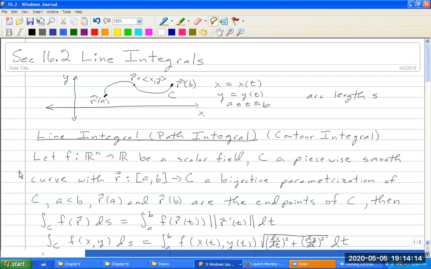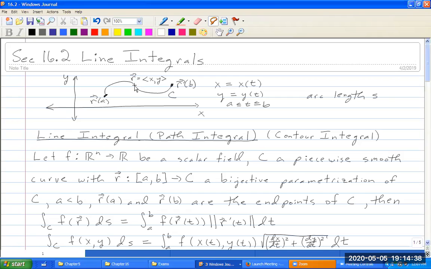So at time A, you're at some point here, and at time B, you're at some point here. And from time A to time B, we travel along some curve C.